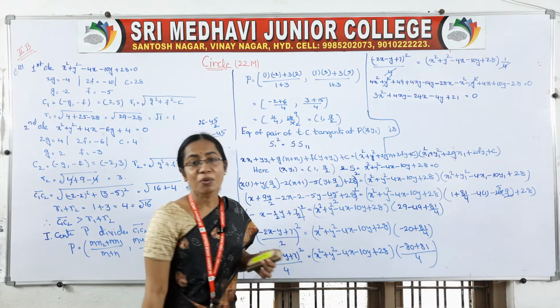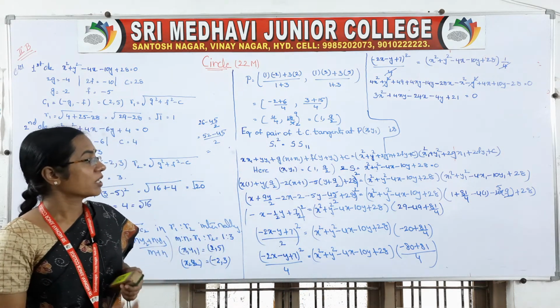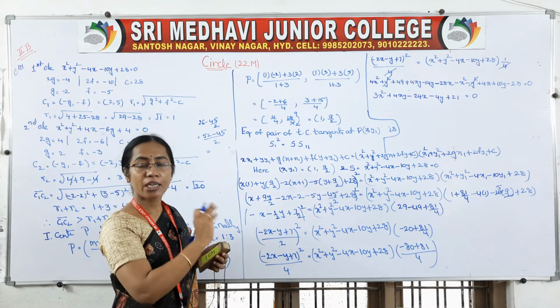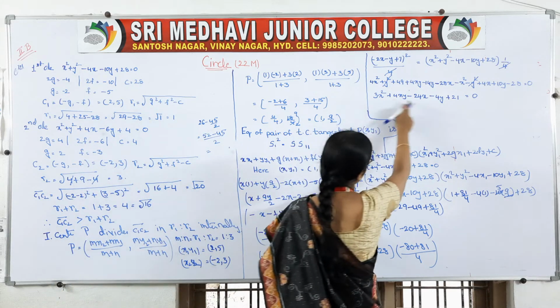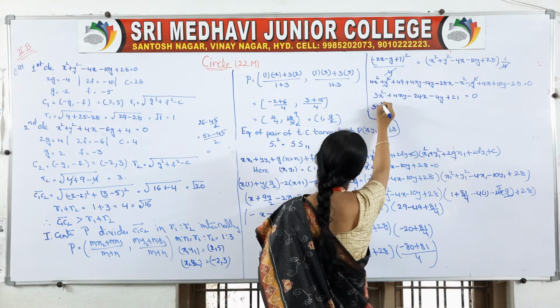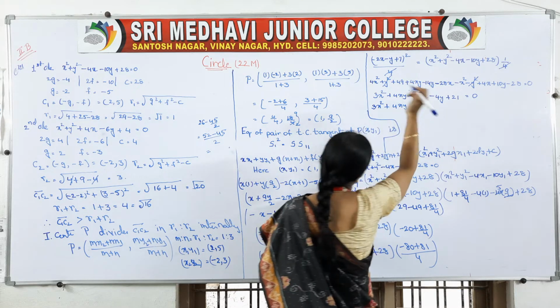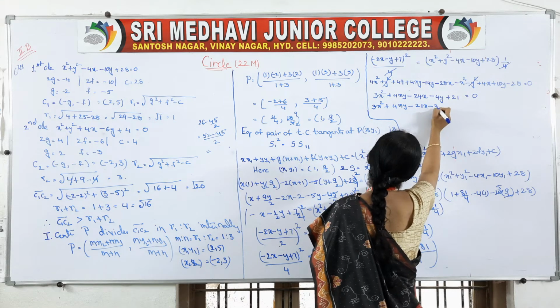So with this we have to get 2 tangent equations. Don't give up. If you start doing, you will get it. So now this can be written as 3x square plus 4xy. Instead of 24x, I will write 21x minus 3x.